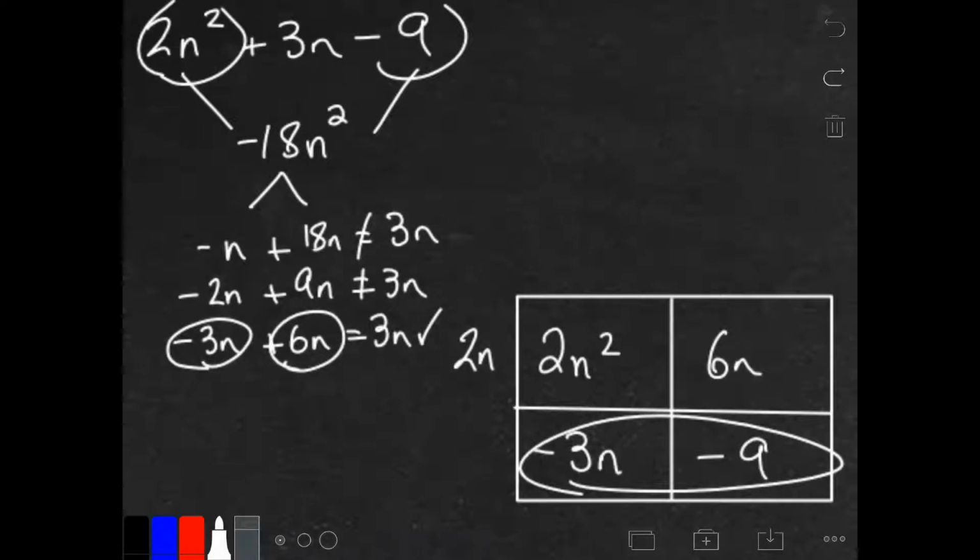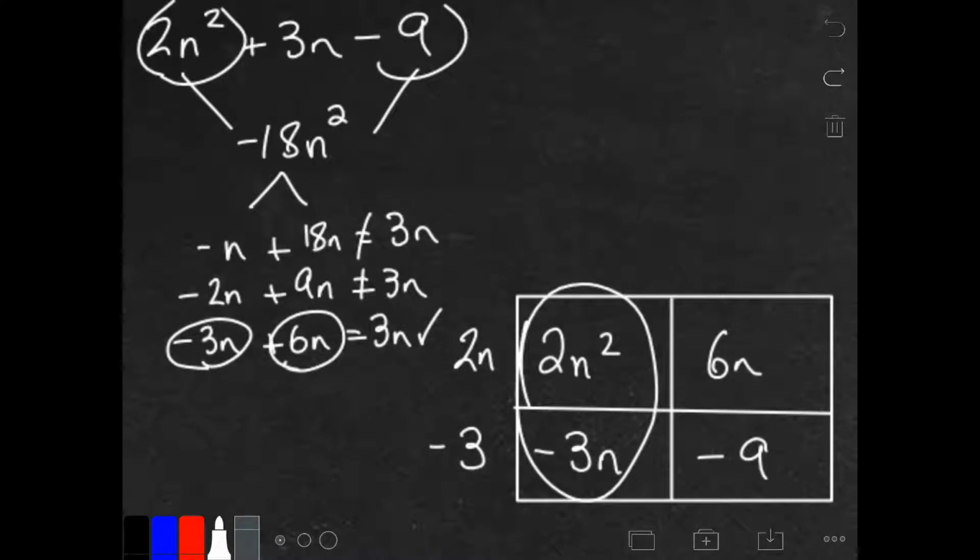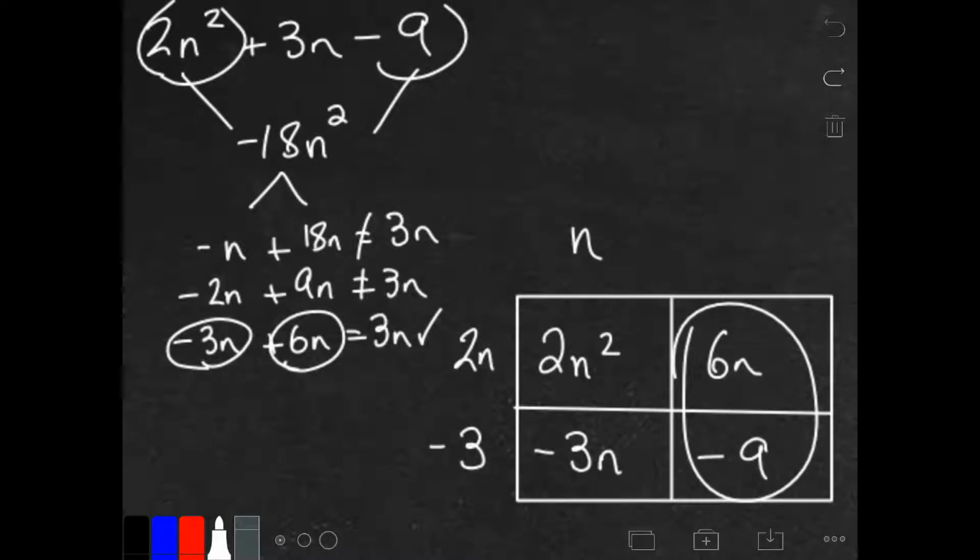Factor out the bottom row. We can factor out a 3. And because it borders a negative 3n, we'll make it negative 3. Factor out the left column. Well, I can factor out an n. And I factor out the right column. I can factor out a 3. And because it borders a positive box, we're going to leave it positive.